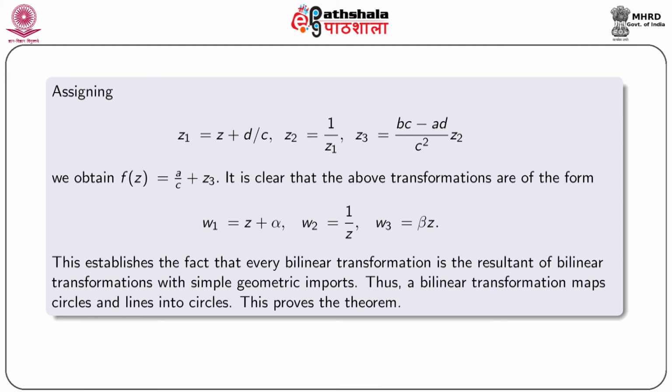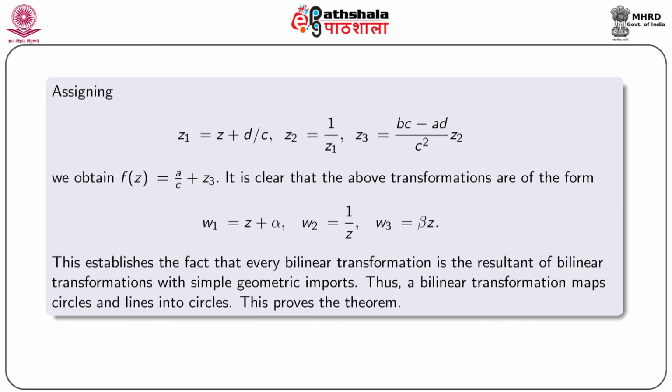Therefore, assigning Z1 equal to z plus D by C, Z2 equal to 1 by Z1 and Z3 equal to (BC minus AD) by C square into Z2, we obtain F(z) equal to A by C plus Z3.